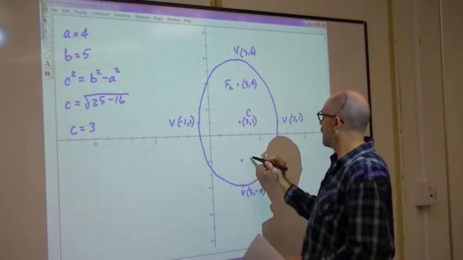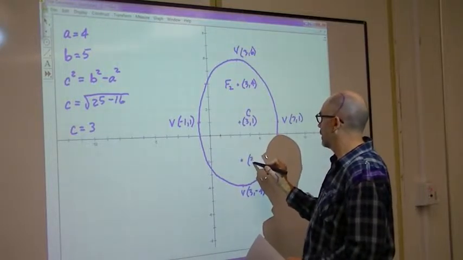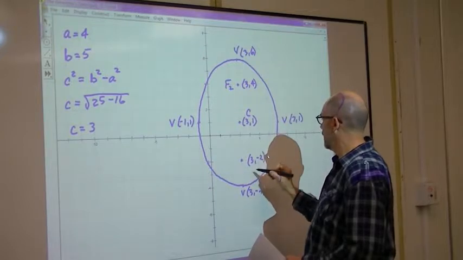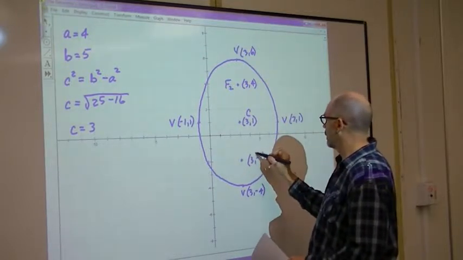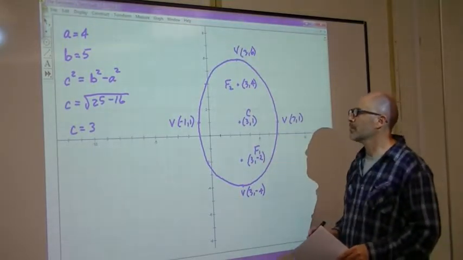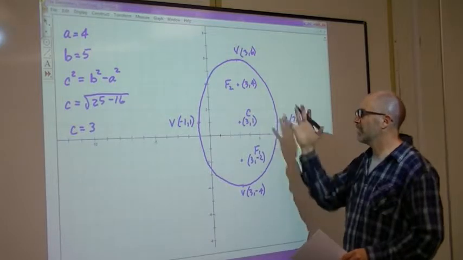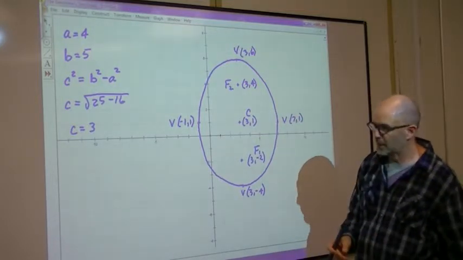And then we've got (3, -2), and that's F1. We really have labeled more than we need to. We were just asked to find the equation of this.